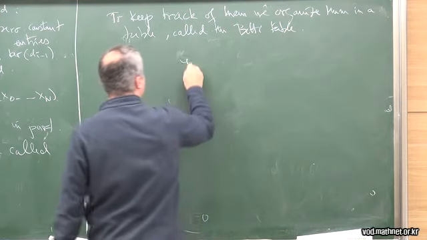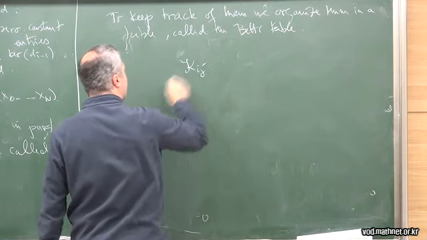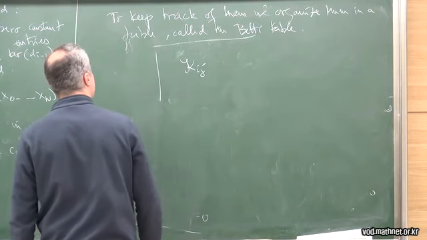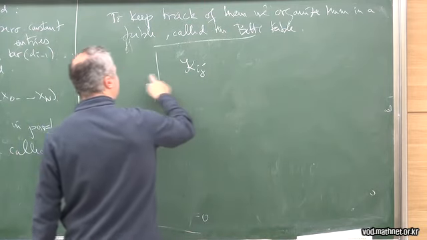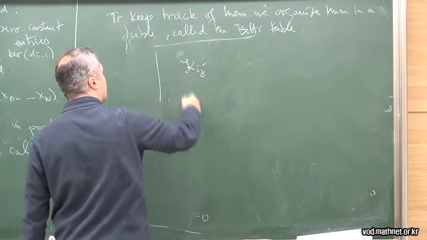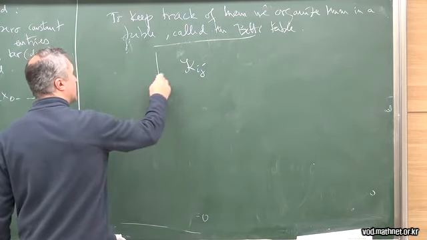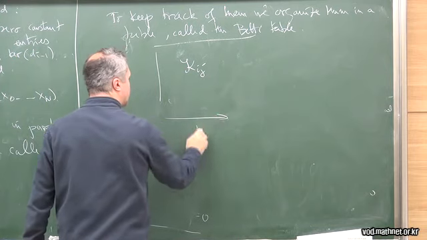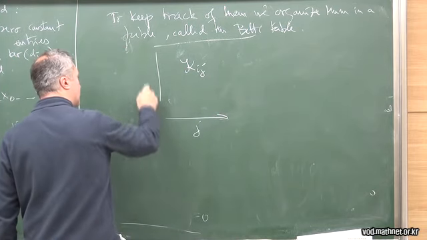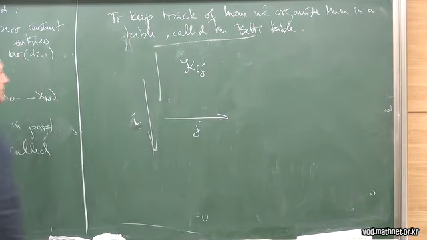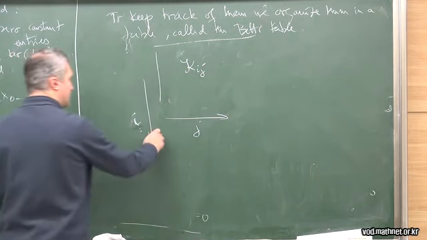We put here the numbers k_ij. So j is constant on rows and i is constant on columns. The j's go like that, and the i's go like that downwards. So that's the orientation of the table.